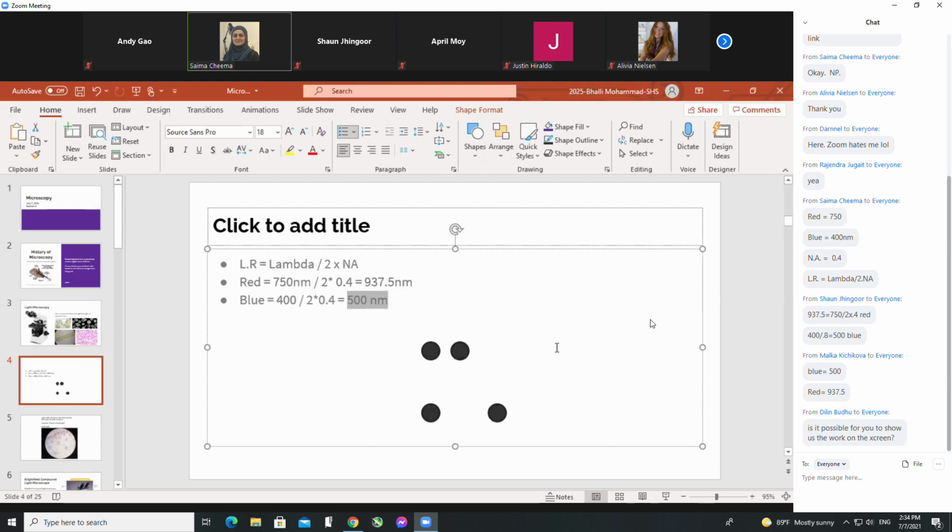If we continue to think about ways of illuminating our specimens and making that wavelength of light smaller and smaller, there are various ways of doing it. You can have laser light, you can have a beam of electrons that's going to have the shortest wavelength, and therefore we see the greatest detail with the electron microscope.